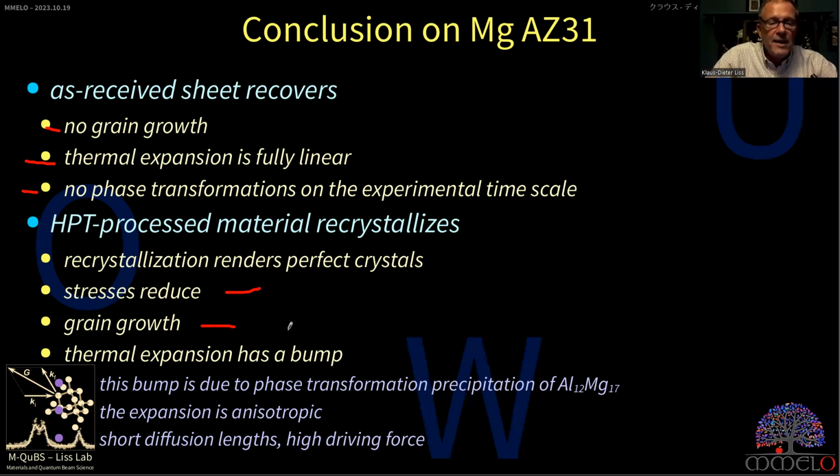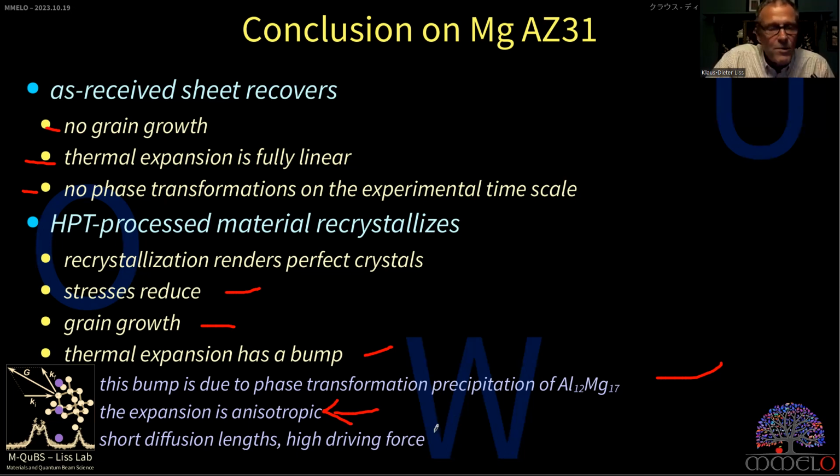We get grain growth, and the thermal expansion has a bump, which is due to the Al12Mg17 intermetallics. And this bump is anisotropic, as the symmetry of the hexagonal system allows.